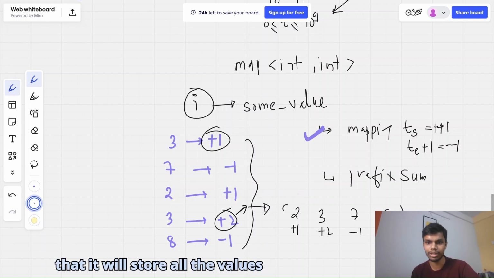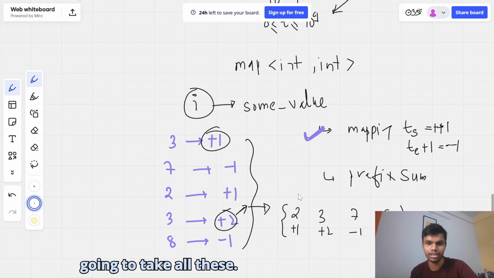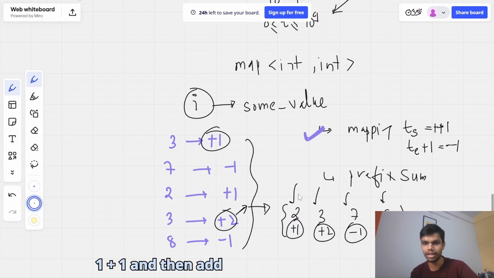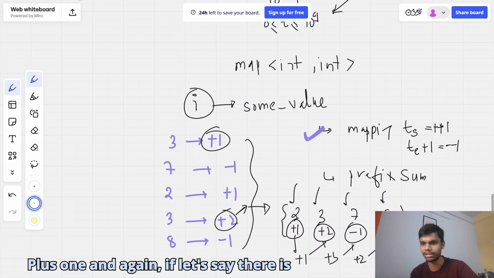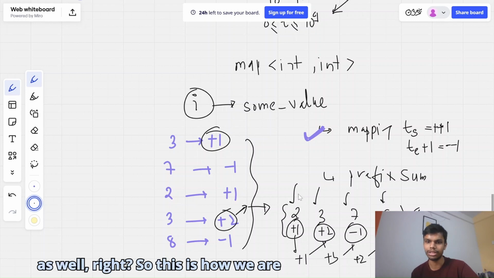So it is the property of a map that it stores all the values in sorted order, and then we take all these map values and just keep adding them: 1, then add 2, then add minus 1, and so on. If there is one more, we do 0 here as well, right?